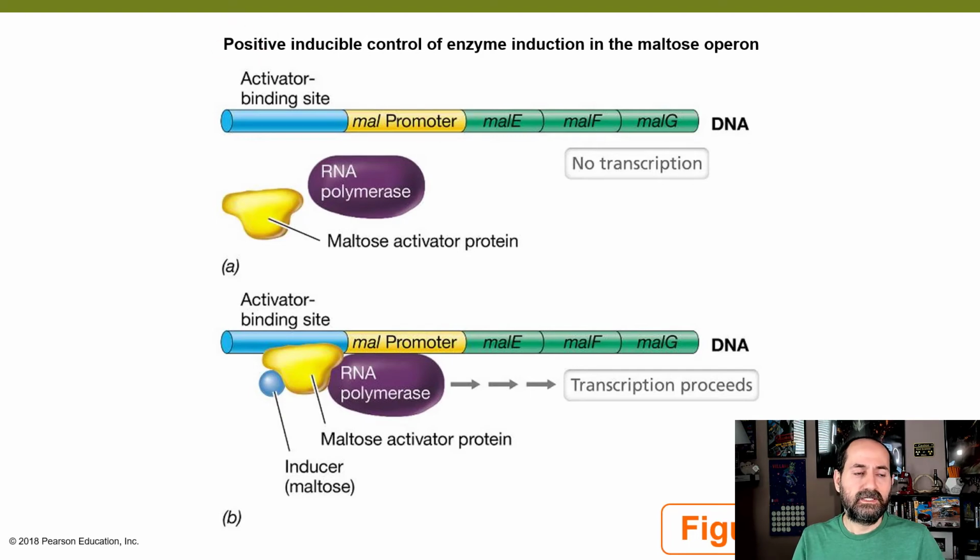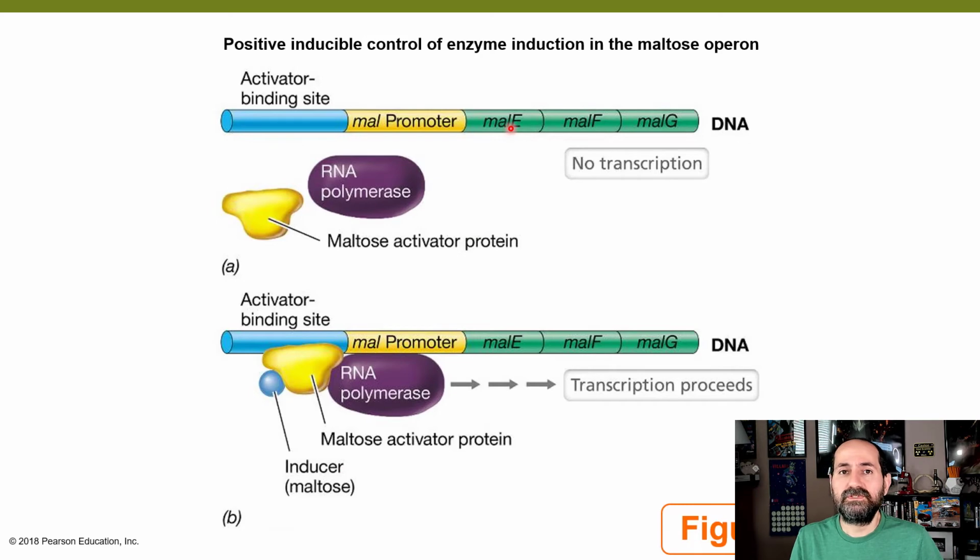Positive meaning it involves an activator protein. Inducible meaning an inducer molecule is required for activation. And this makes sense. Let's take a step back here. What is this operon? This operon is the operon for maltose breakdown.